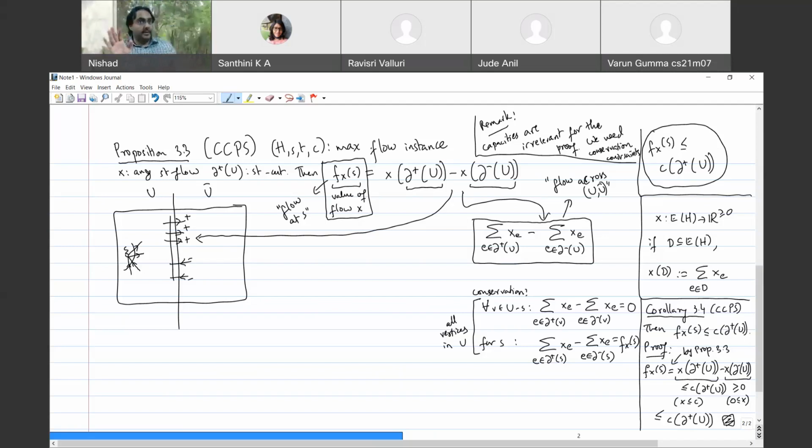There's a bunch of constraints, one for each vertex in U. So we're going to add up all of these constraints. Right? So the plan is to add up all of these equations and see what we get.